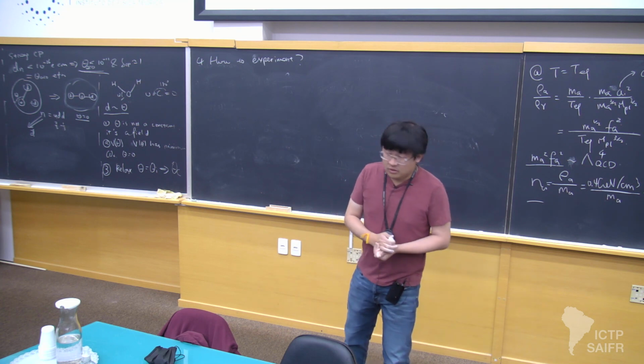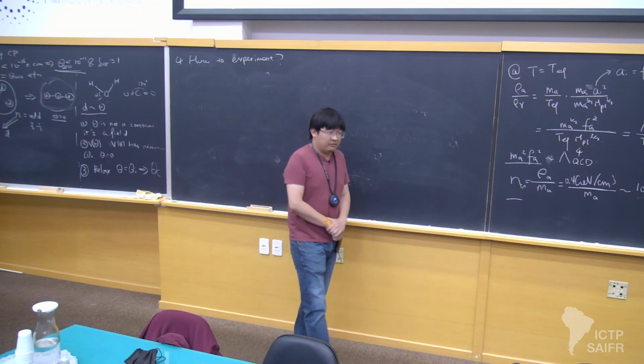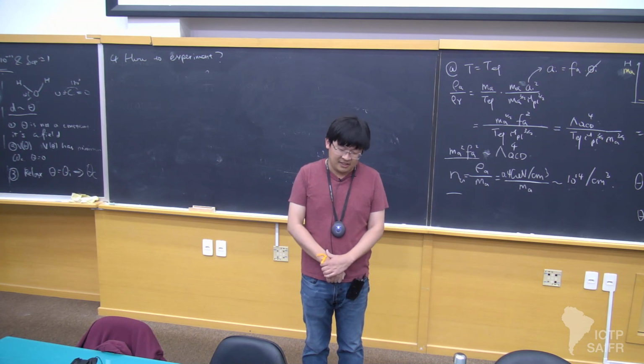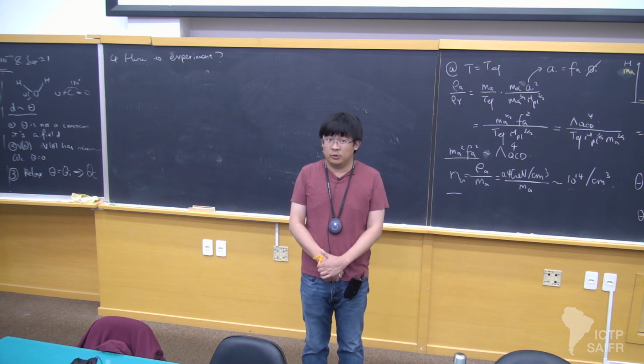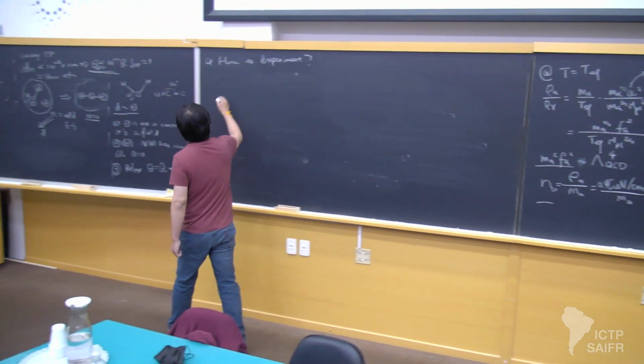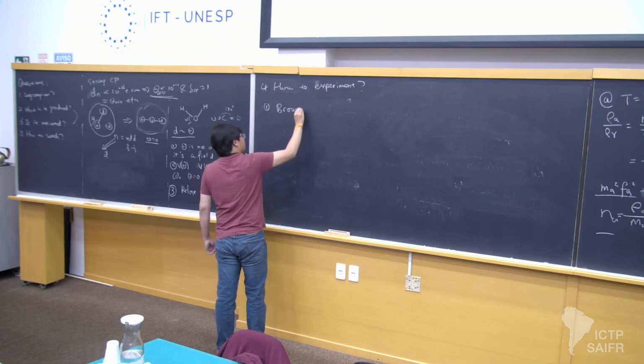We did that 100 years ago, when we were first discovering things like molecules and atoms as a part of a fluid. And that experiment, which is the first experiment I want to talk about, is Brownian motion.